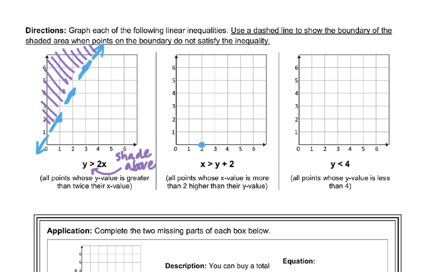If x is 3, 2 greater than 1 is what we're looking for. If x is 4, that's 2 greater than 2. If x is 5, that's 2 greater than 3.